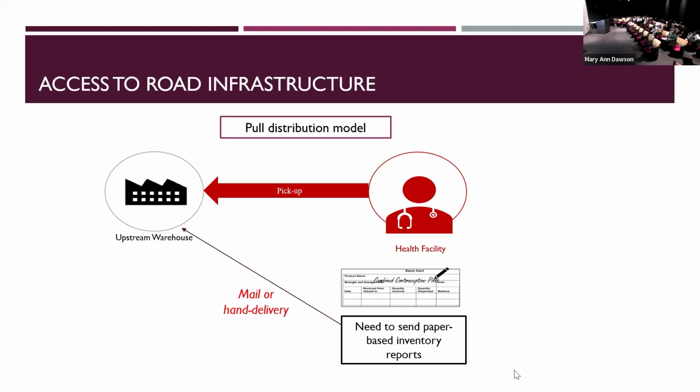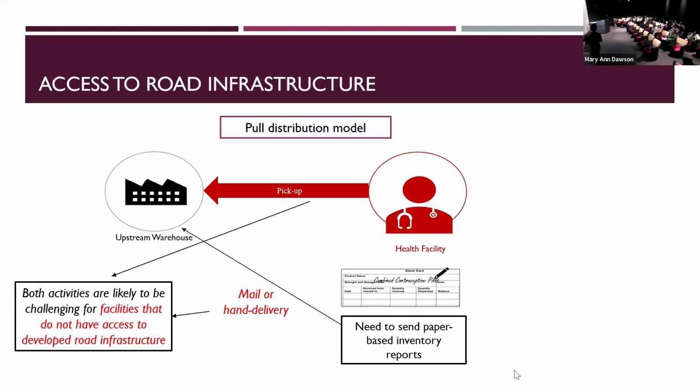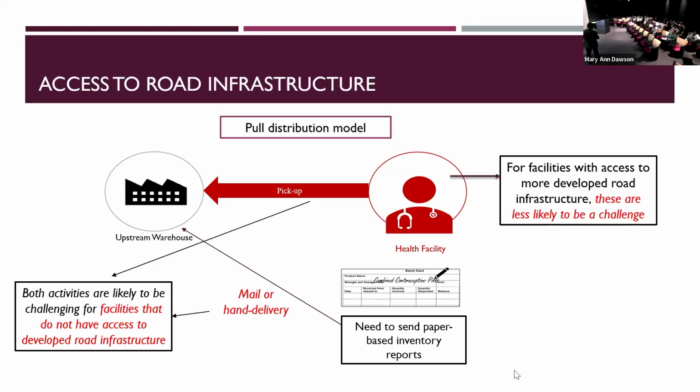As I said, this is either done by mail or hand-delivered to the upstream facilities, right? Both of these activities can be challenging for facilities that don't have access to good road infrastructure. But if you're, let's say, an urban facility that has access to good road infrastructure, these activities may not be a big challenge, right?